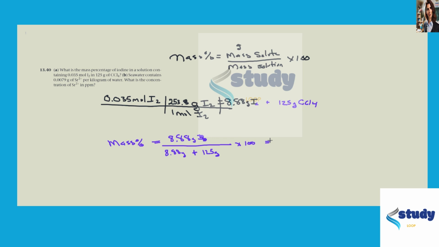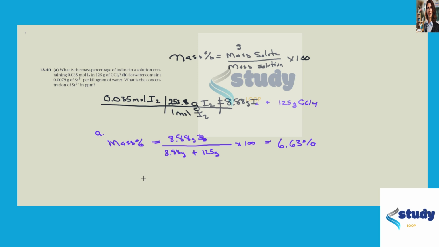So let's put it into our calculator, 8.88, and divide it by our solution, which is 8.88 plus 125. And altogether, we end up with an amount that needs to be times by 100. So if you ended up with 6.63%, then you're absolutely correct. That is the percent mass that we have in part A.